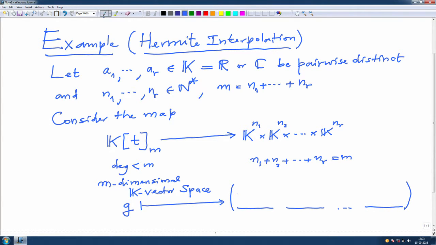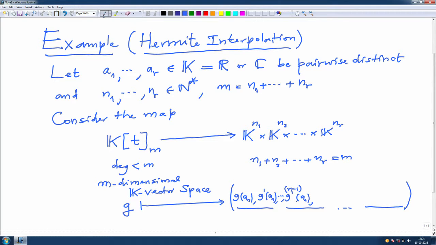In the first block, you write g evaluated at A1, then g prime evaluated at A1, where g prime is the derivative of g, and so on, till g power n1 minus 1 evaluated at A1.